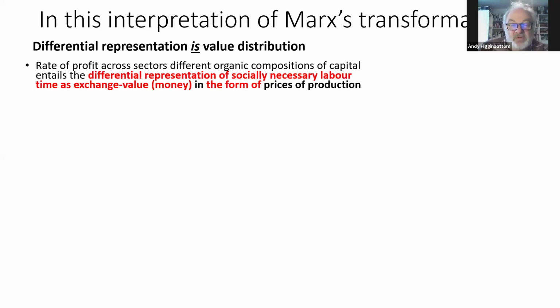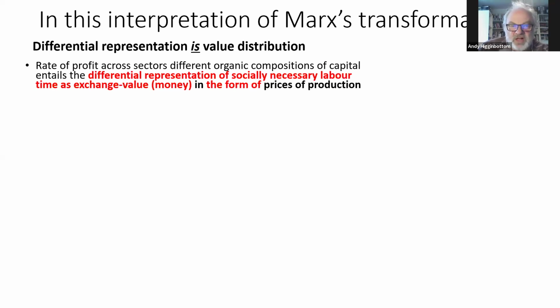And what I think is that according to the intensity of capital in each sector, labor time is represented differently. There's not a uniform, common representation of labor time as money.